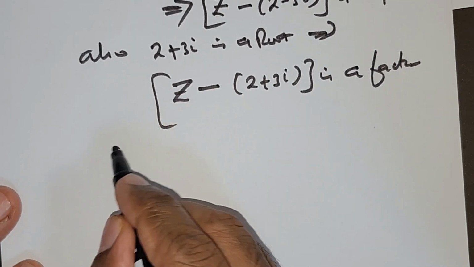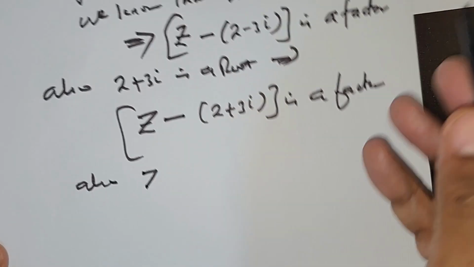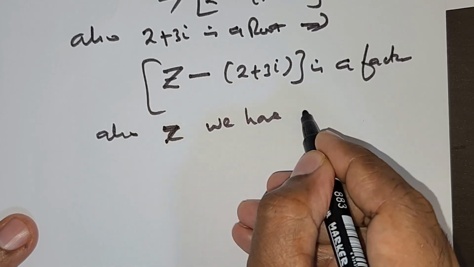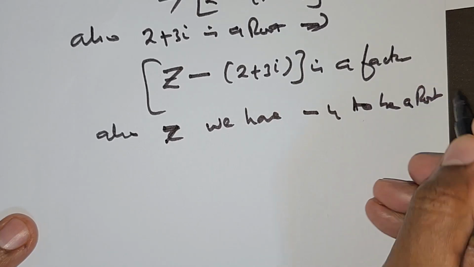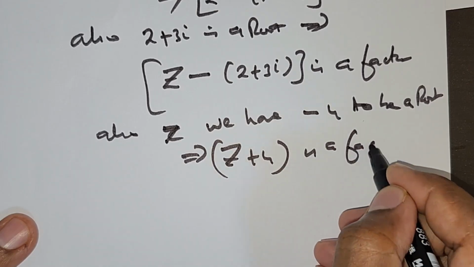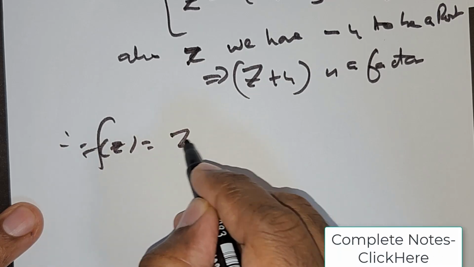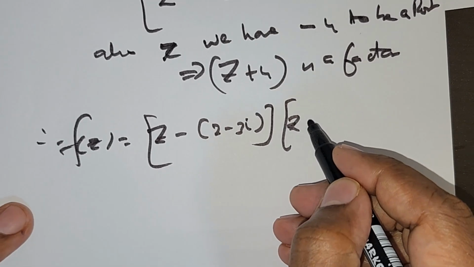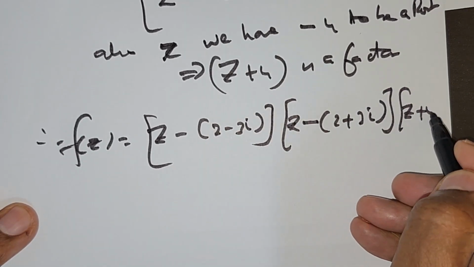We also got negative 4 to be a root, so z plus 4 is a factor. Therefore f of z is equal to z minus (2 minus 3i), multiplied by z minus (2 plus 3i), times z plus 4.